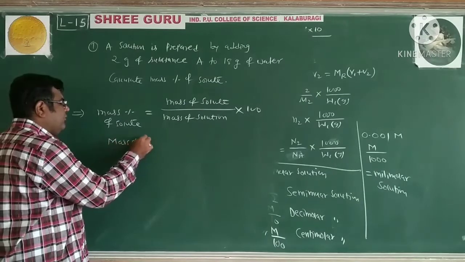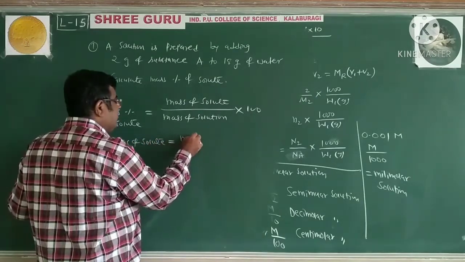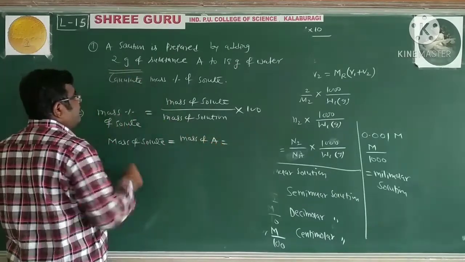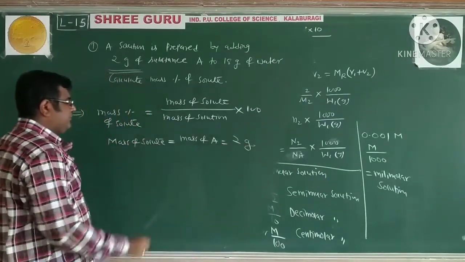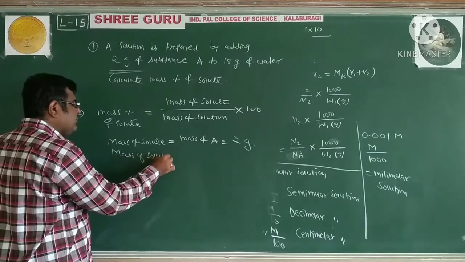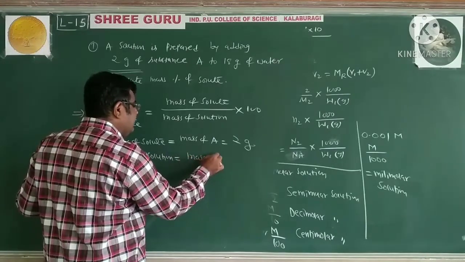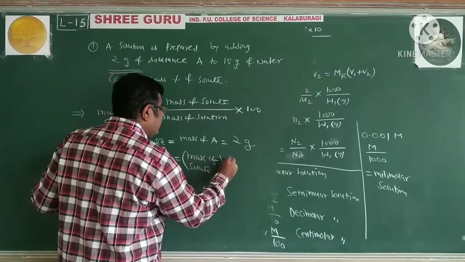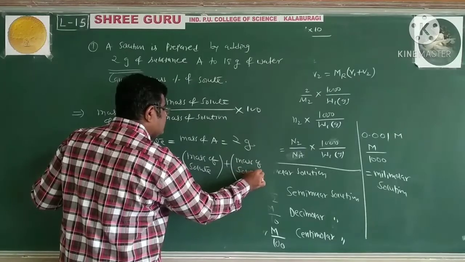Mass of solute is the mass of A, since A is the solute, which is 2 gram, and mass of solution is nothing but mass of solute plus mass of solvent.